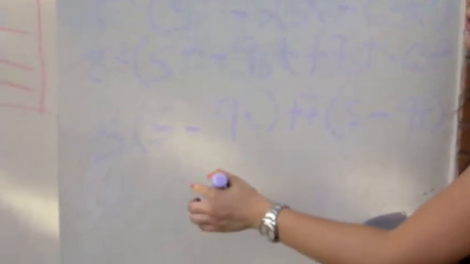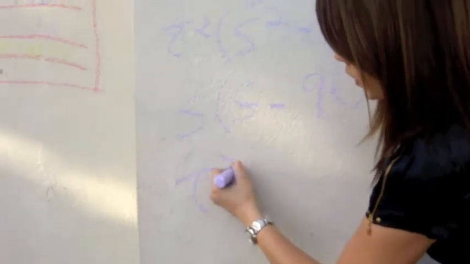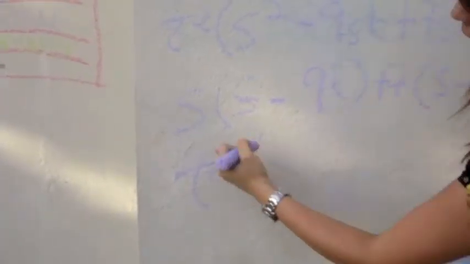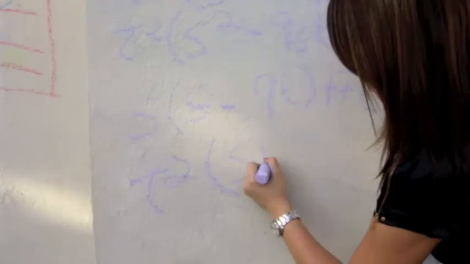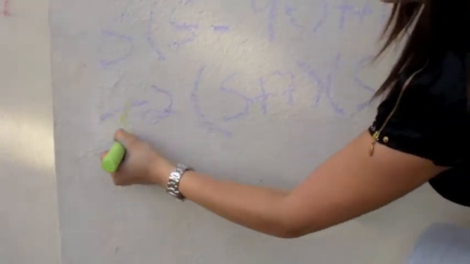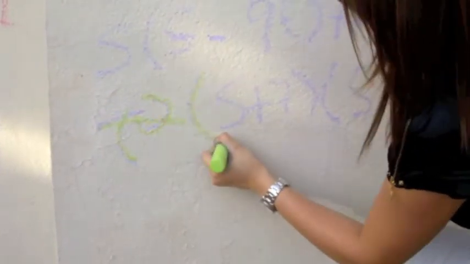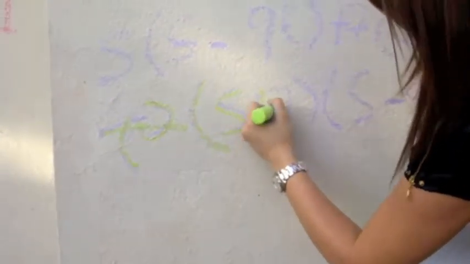So here, the answer will be, don't forget the t squared that you have above, and then s plus 7, and the other parenthesis is s minus 9t. So the answer is going to be t squared times (s plus 7) times (s minus 9t).